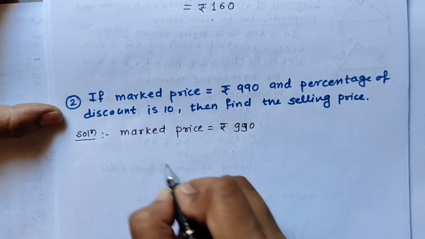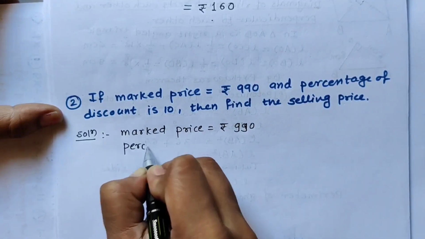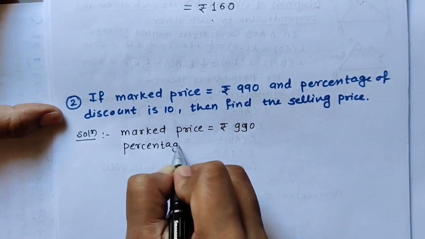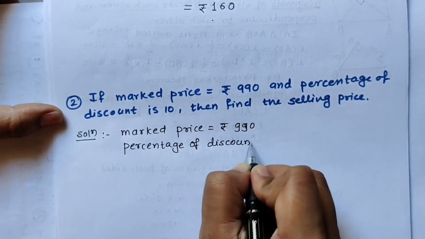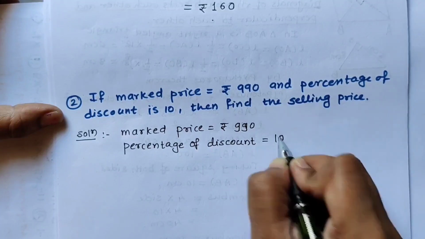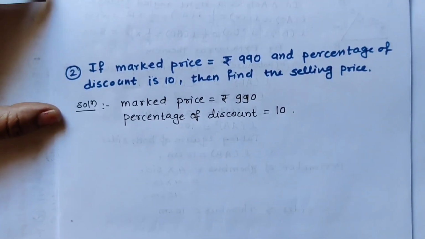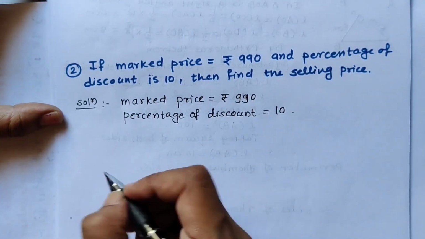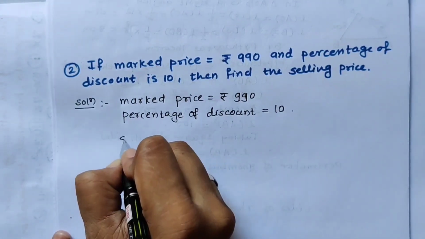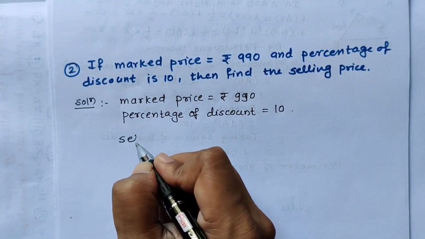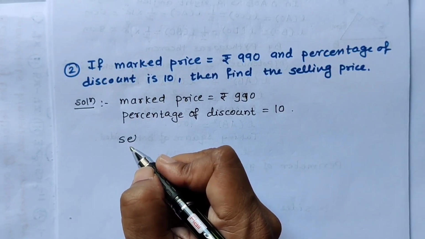And percentage of discount is equal to 10. So how to find out the selling price?